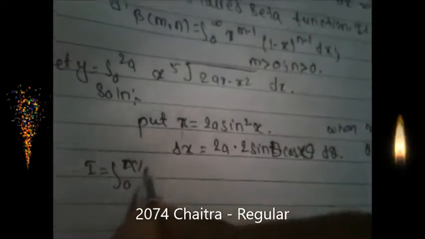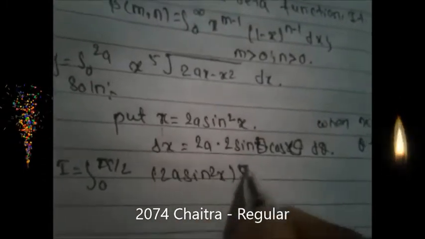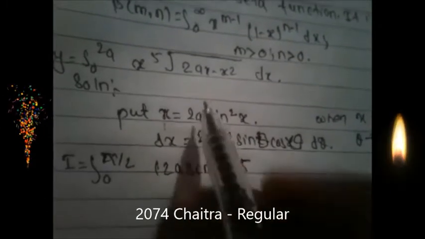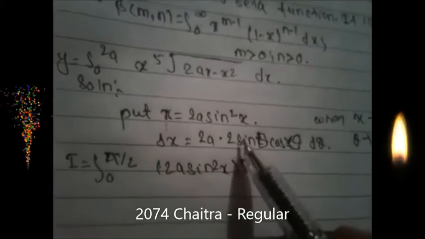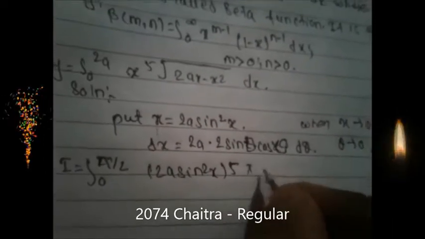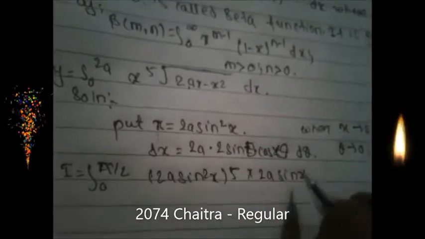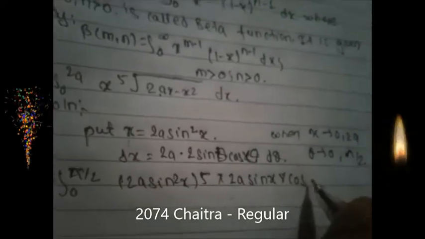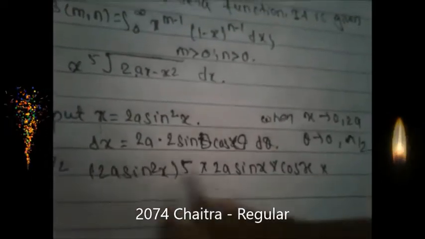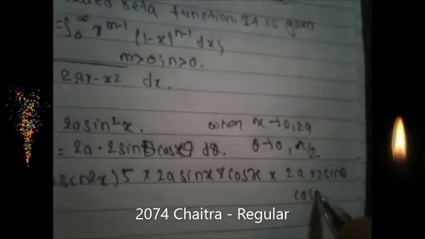So 0 to pi by 2 is our limit, and x is 2a sine square theta raised to 5, and 2ax minus x square becomes 4a square sine square theta cos square theta, which comes out as 2a sine theta cos theta, into dx, where dx is 2a into 2 sine theta cos theta d theta.